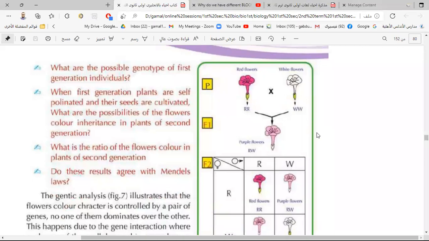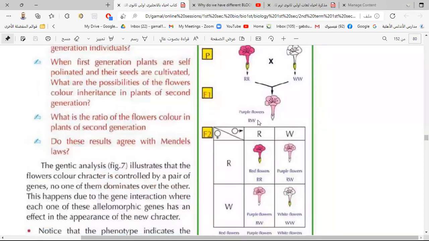So when they come together, we give them two capital letters, because no one is recessive. We don't give them one capital letter and one small letter, but two capital letters. When R capital is present, the character will be red.